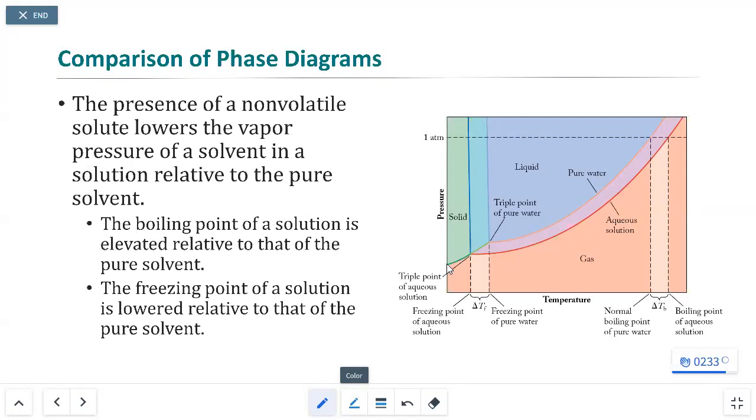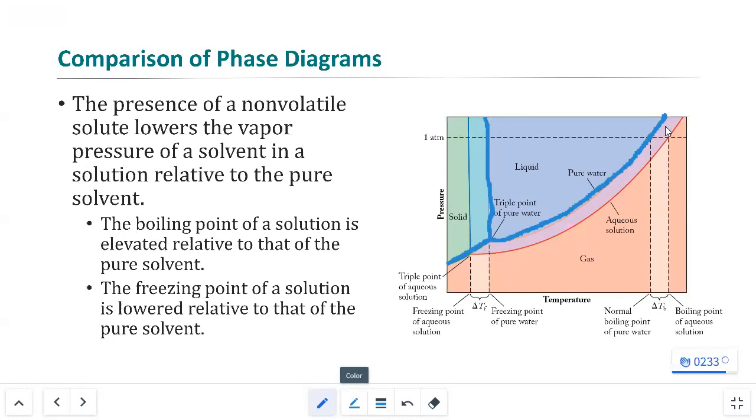So the old phase diagram looked like this. That was the old phase diagram of water.